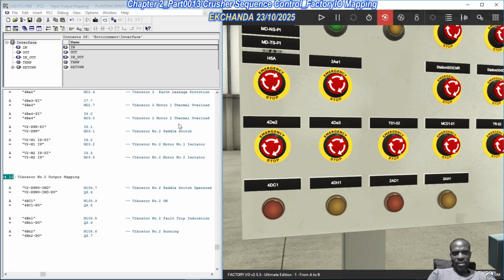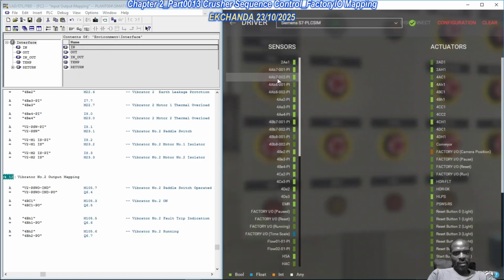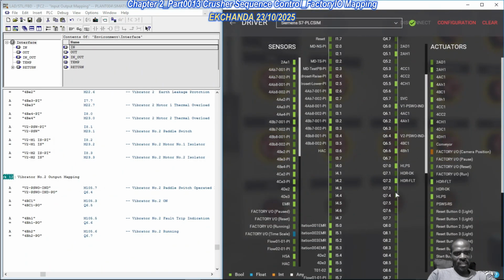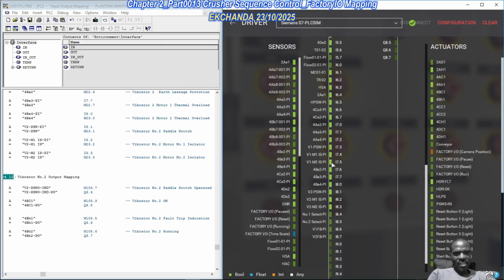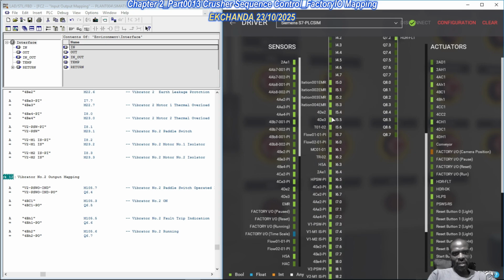Then what else do we need? We need to determine the normal state. If you look at the feedback signals, I know that all the protection inputs are supposed to be fed to the PLC as true signal states. Under normal conditions these should be true, so I've got no issues with any of the protection inputs.